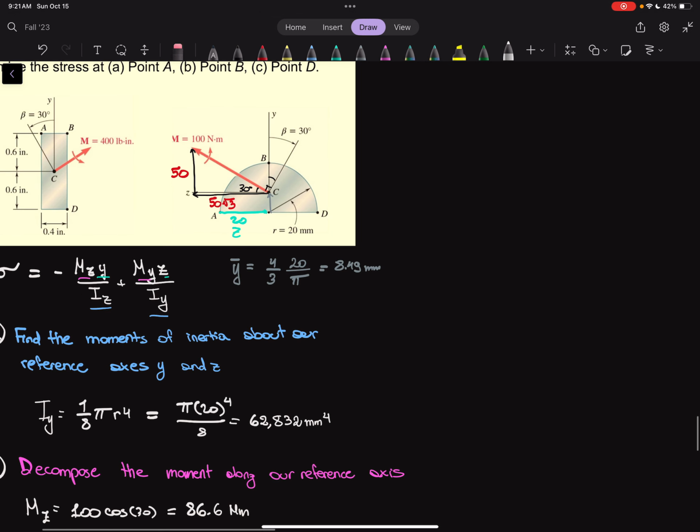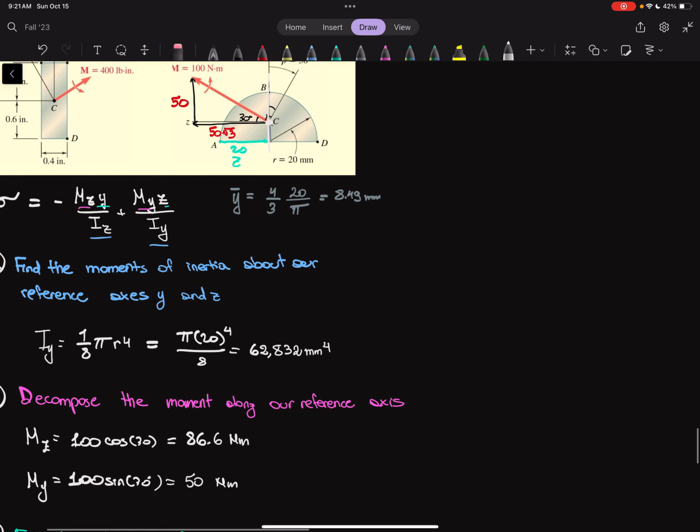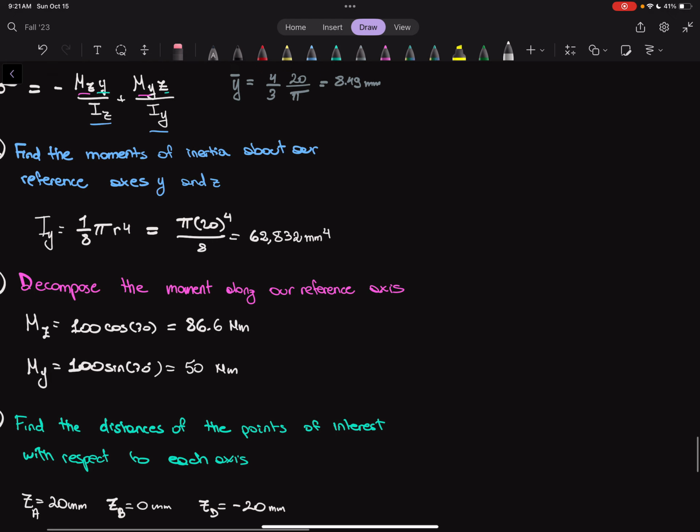You see how we are the neutral point, sorry, not the neutral point, the centroid is on the y-axis. So we don't need to shift that. But we need to shift the IZ.